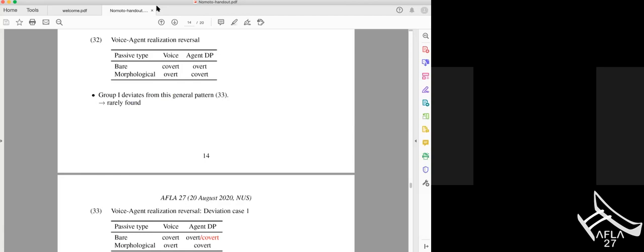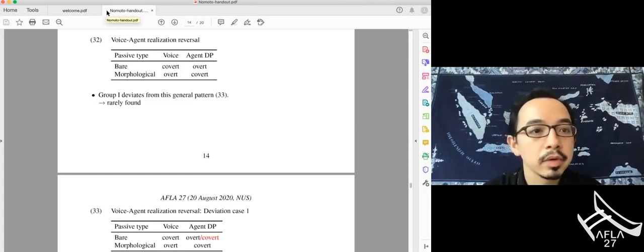I haven't figured this out thoroughly yet. So one possibility is some connection to acquisition. If you have this, it may be easier for children to acquire two types of passives. Interesting. Okay, thank you.